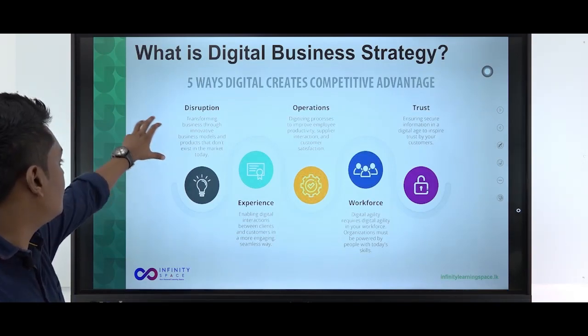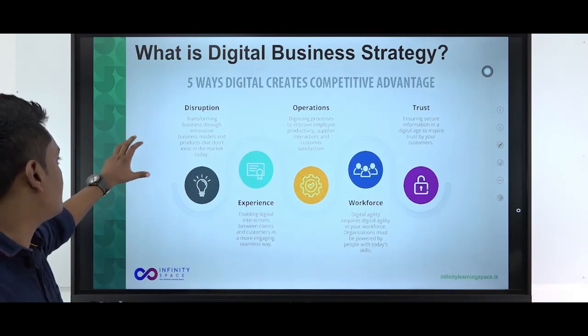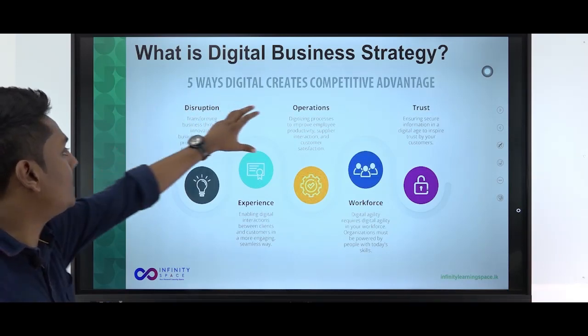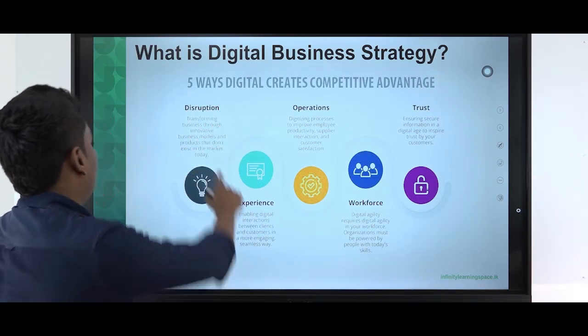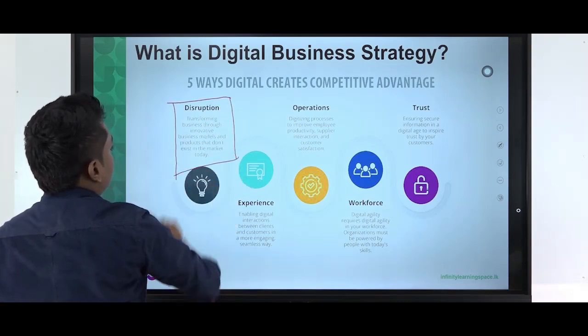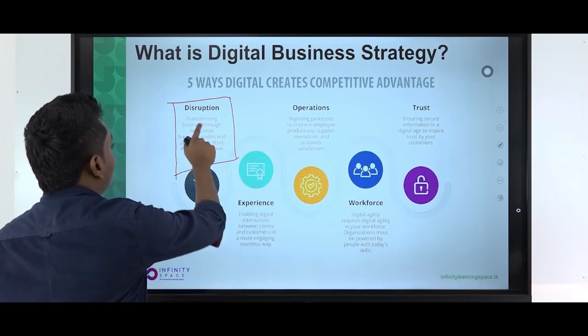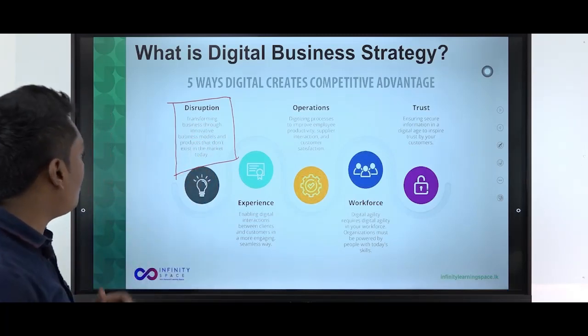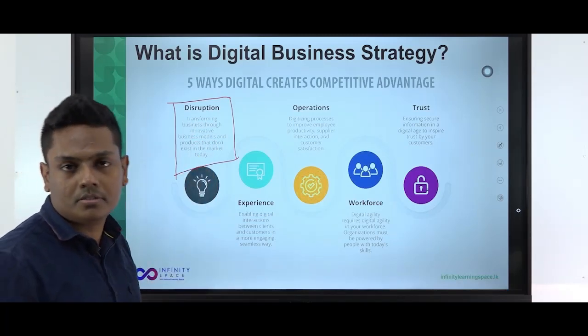One thing here is disruption. In order to get the competitive advantage, one thing the organization can do is disruption. Disruption to what? Transforming business through innovative business models.